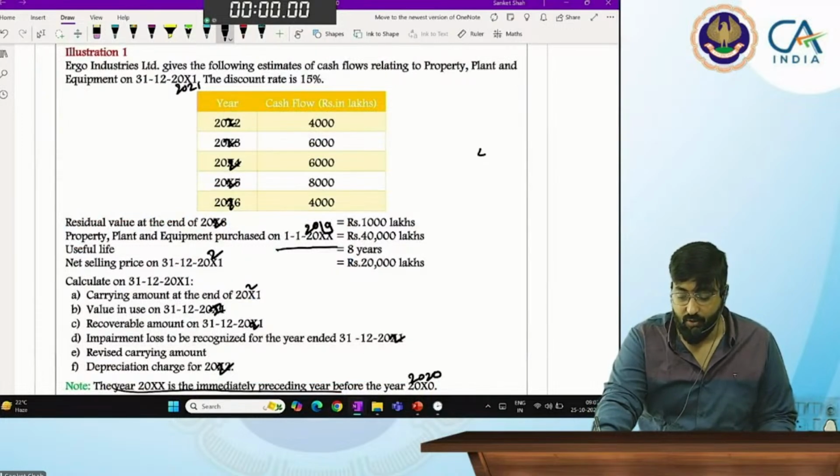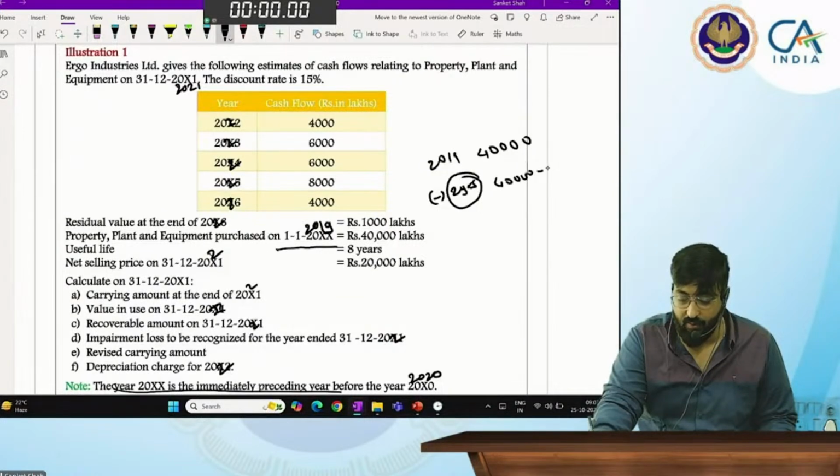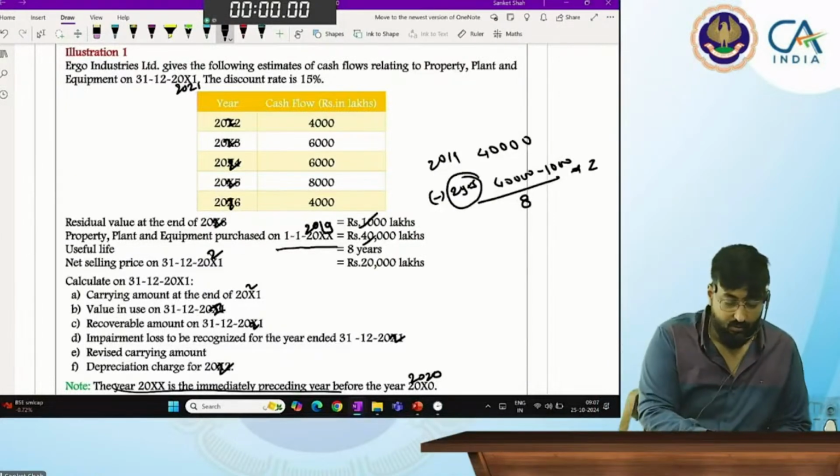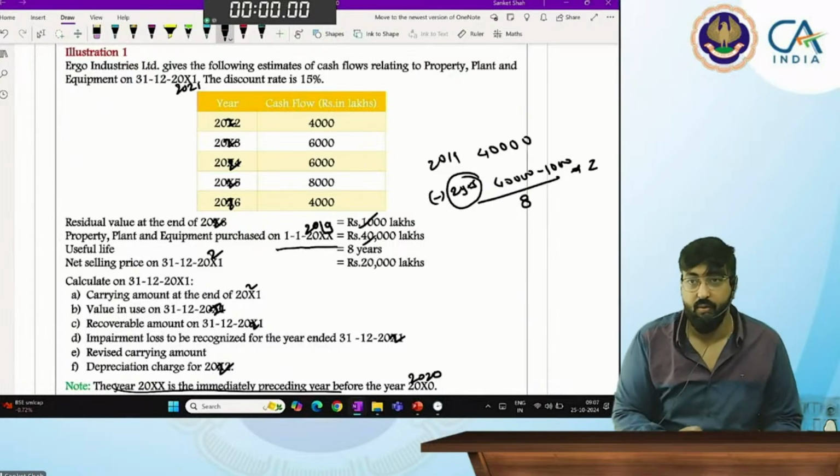What is the cost of my asset in 19? 40,000. कितना years का depreciation होगा? 2 years. Now 2 years depreciation: 40,000 minus 1,000 is a residual value, divided by 8 years. And how many years we have completed? 2 years. So 40,000 minus 1,000 divided by 8 into 2.